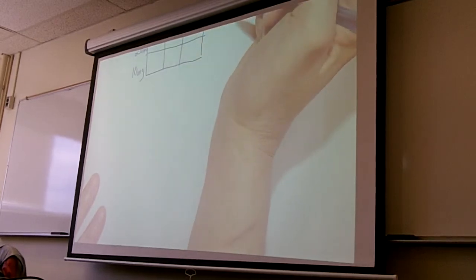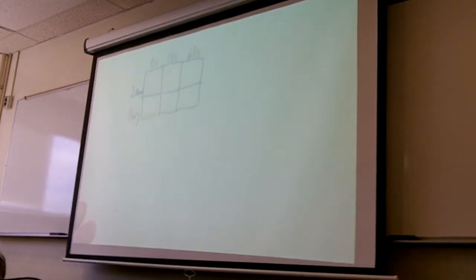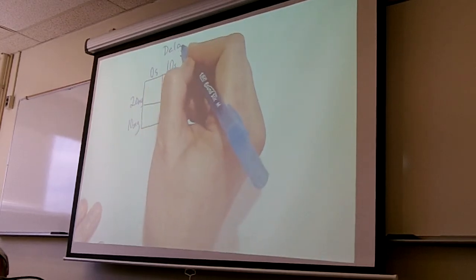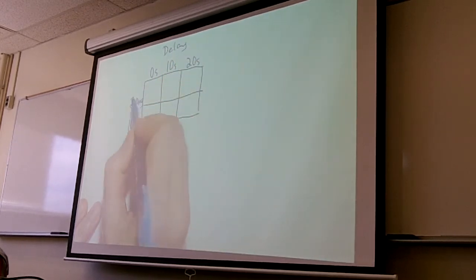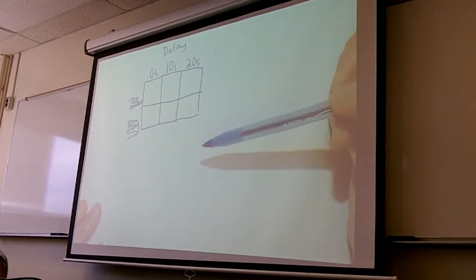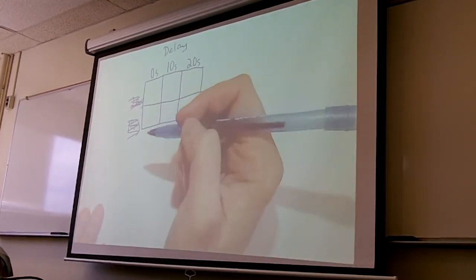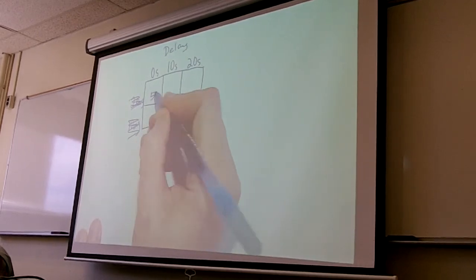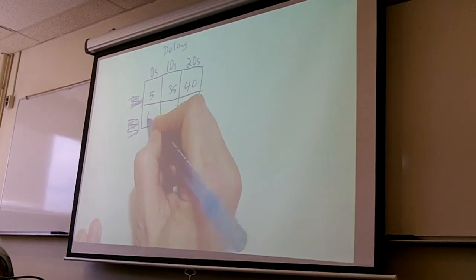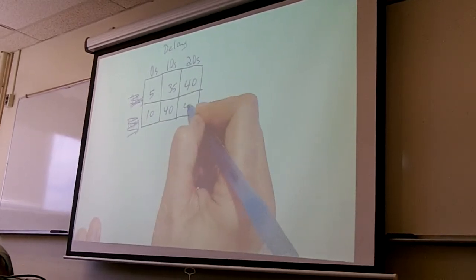Now all I care about are these ones, because those are the different categories of delay. So we've got 5, 35, 40, and 10, 40, and 45.